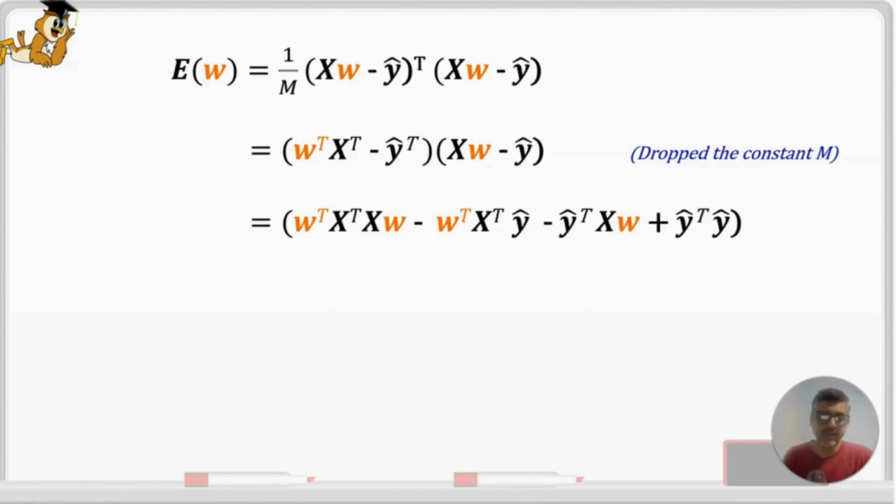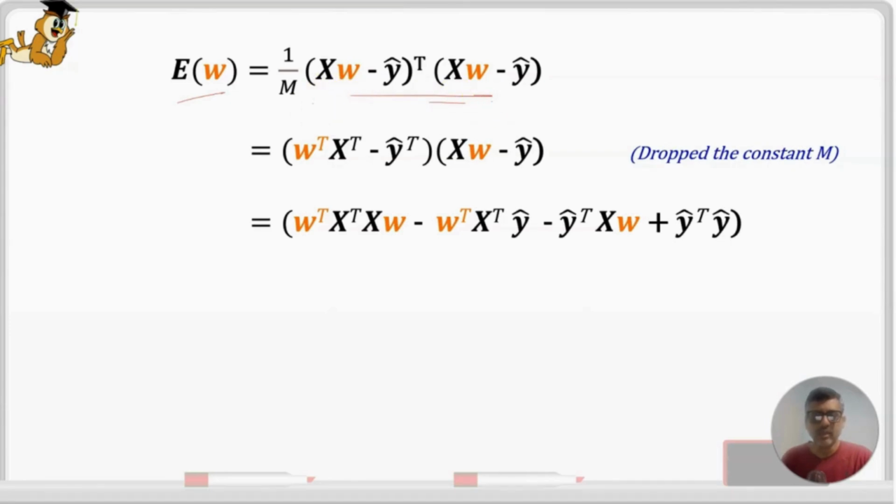Okay, right? So we saw earlier that the mean square error was essentially 1 over m times (xw minus y hat) transpose multiplied by (xw minus y hat). We saw this in an earlier slide, so this is nothing new. This is what our mean square error is.